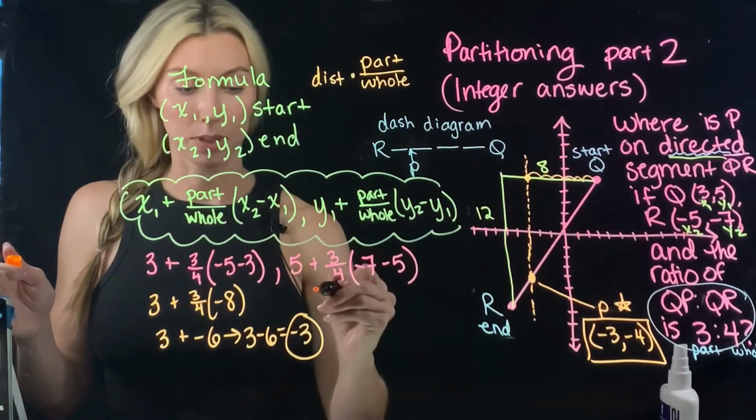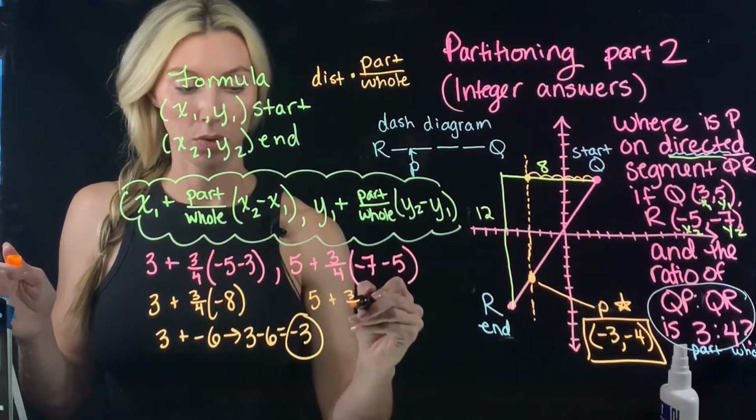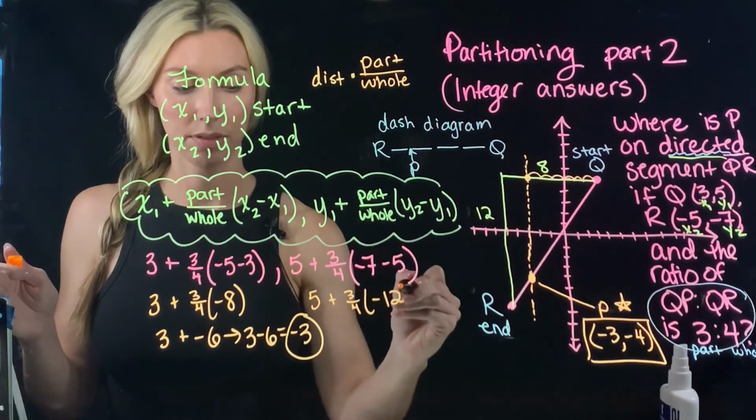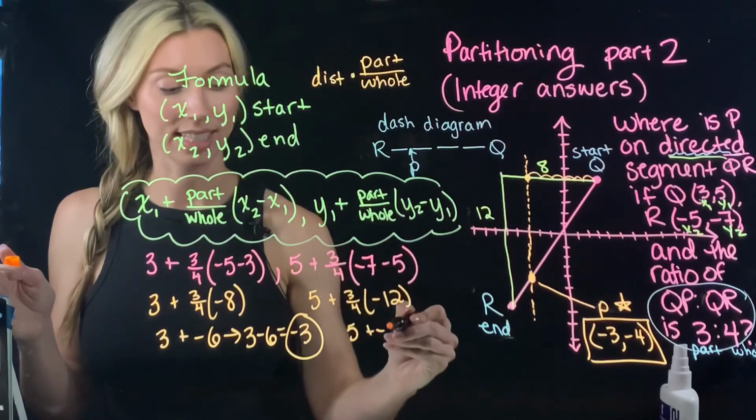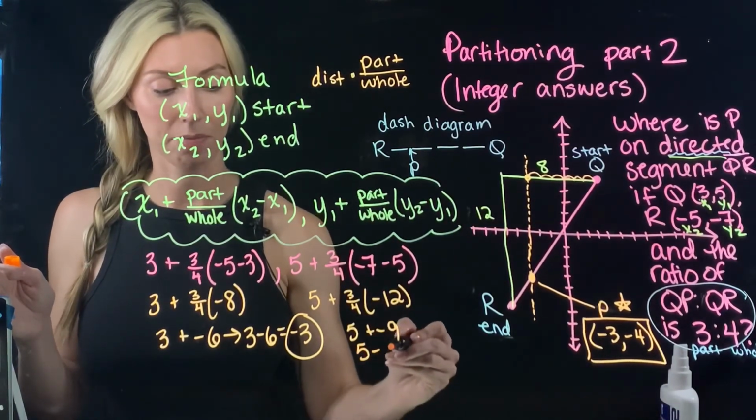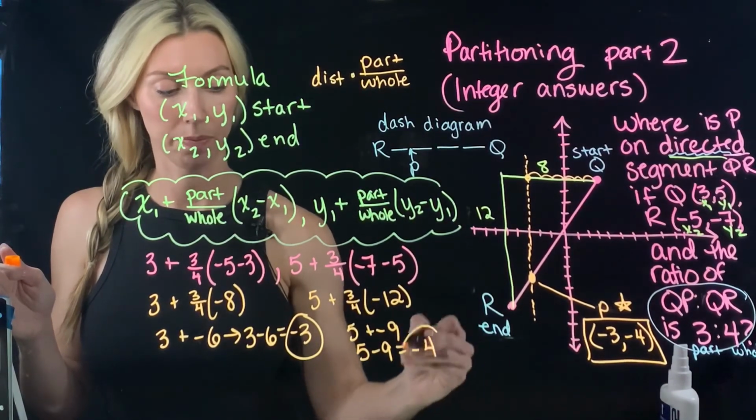And the same thing here. So it'll be 5 plus 3 over 4 times negative 12, which is negative 9. And 5 minus 9 is just negative 4.